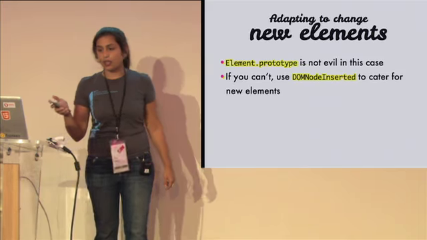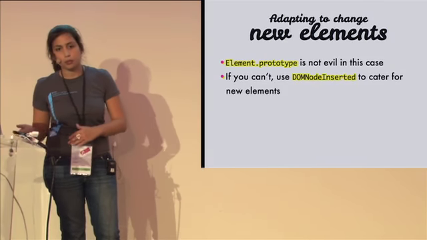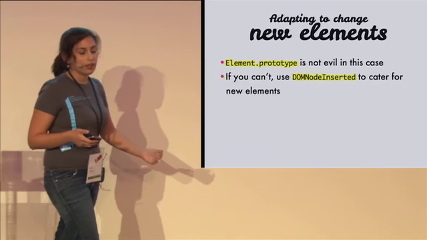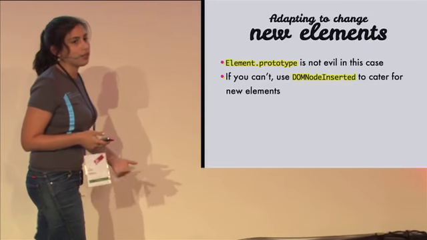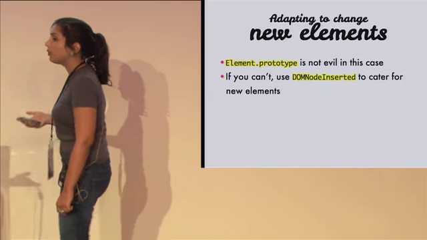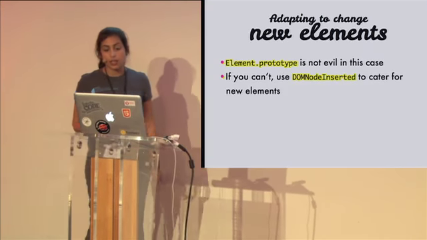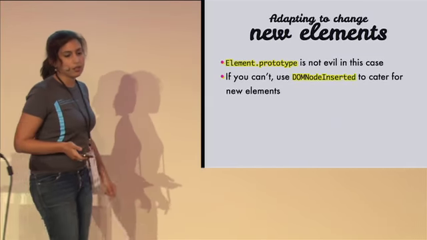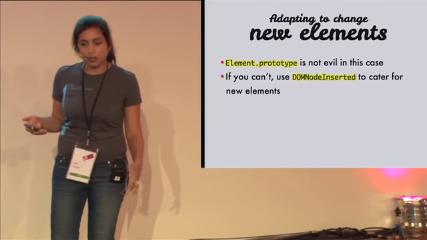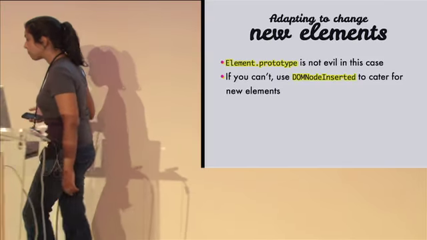So you can even add a method to the Element prototype, which is for every element, or to specific prototypes, for example, HTMLInputElement. So in that case, it will be automatically in every new instance. But if you can't do that, for example, if you're making a polyfill for a new HTML5 element that doesn't have an interface in browsers that don't support it, you should use the DOMNodeInserted mutation event so that you do stuff when an element gets added that's of the type we're interested in.